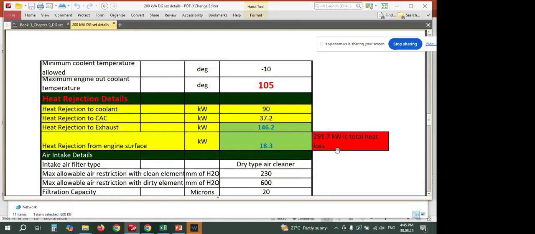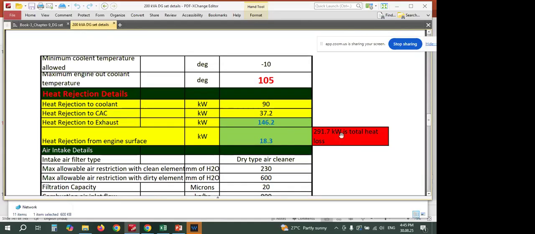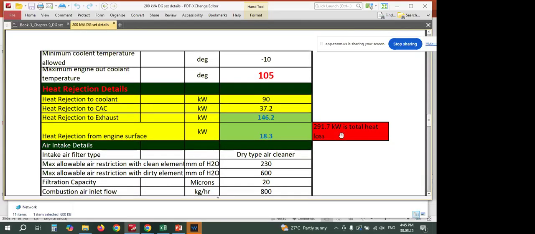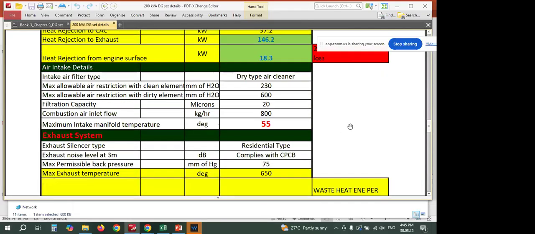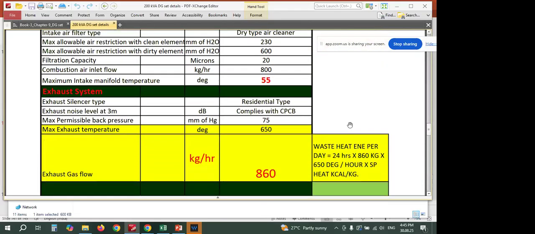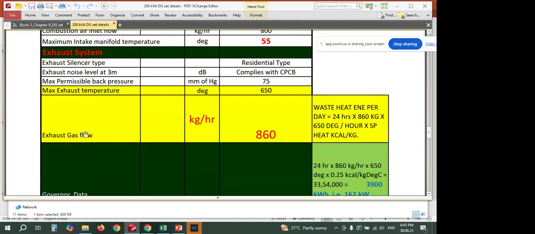Now, here there is the potential for a heat recovery system. Now we calculate it below. This exhaust gas flow figure is given by the manufacturer. This is not fictitious. It is 860 kgs per hour, the exhaust gas flow.